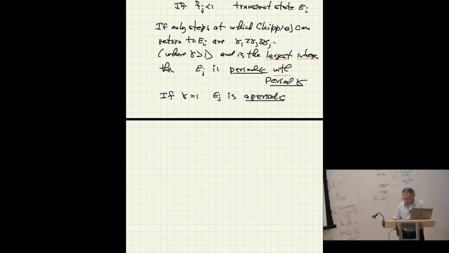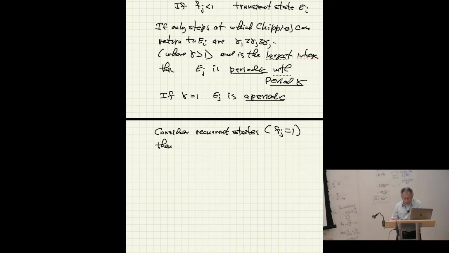I want to write a little bit more to complete this little section. Now let's consider recurrent states. What does that mean? f_j equals 1. You're going to return eventually.